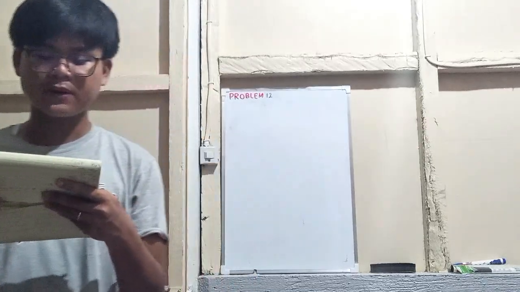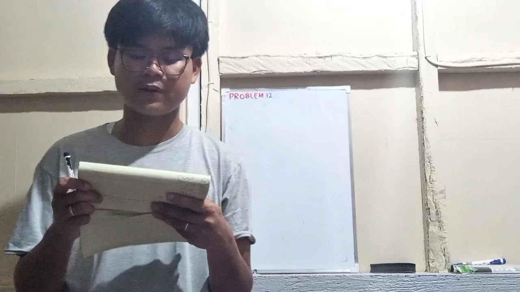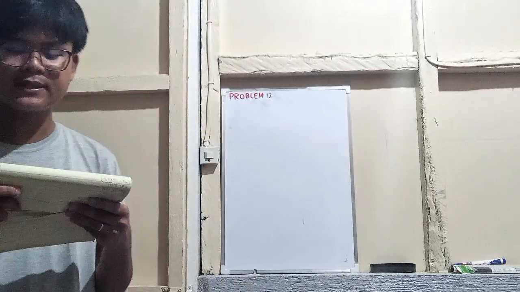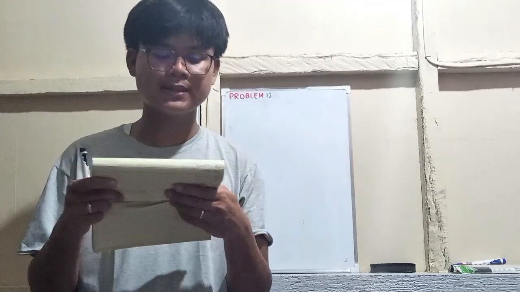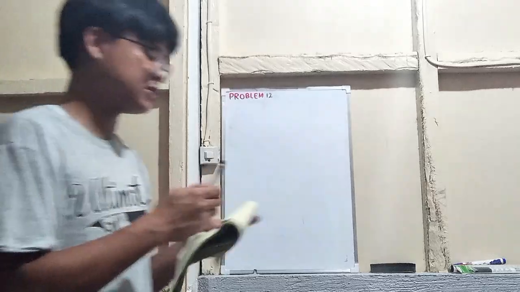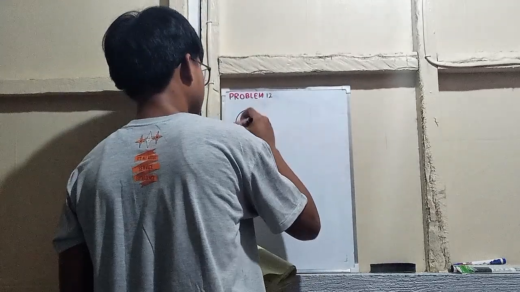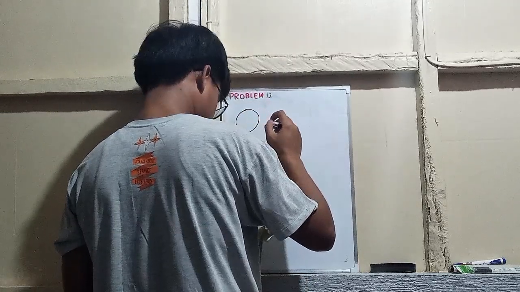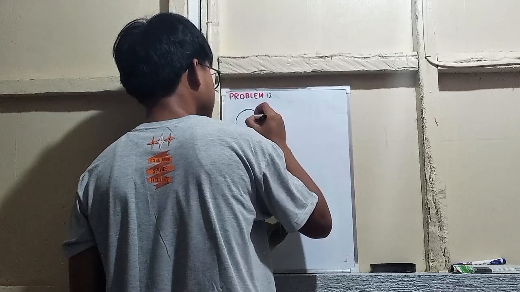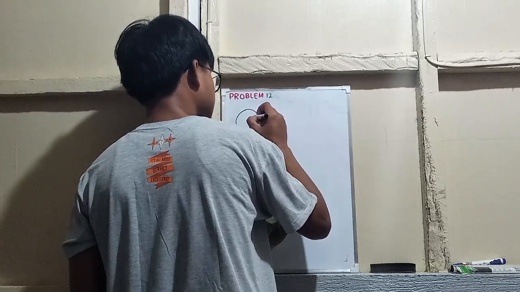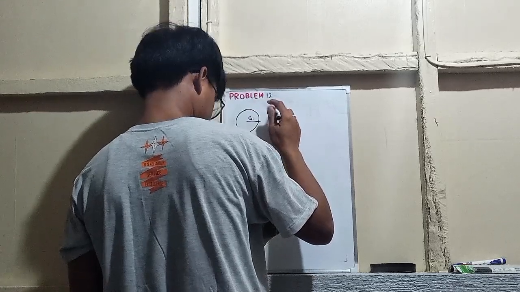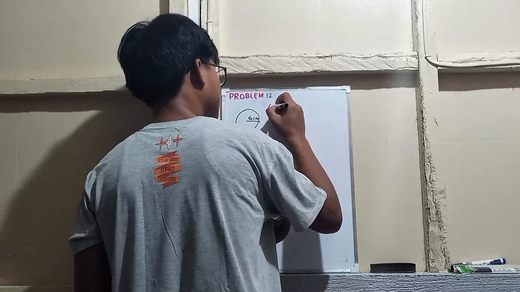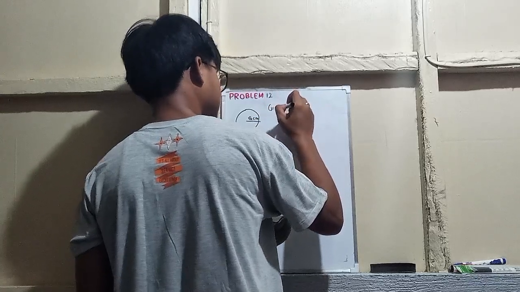The radius of a sphere is increasing at 0.1 centimeter per second. How fast is the volume increasing when the radius is 6 centimeter? So, we'll draw the sphere. Then we have the radius of 6 centimeter. And we'll identify the given.